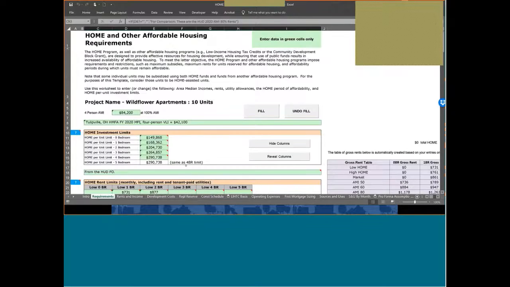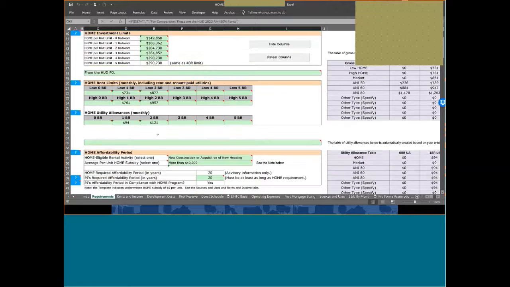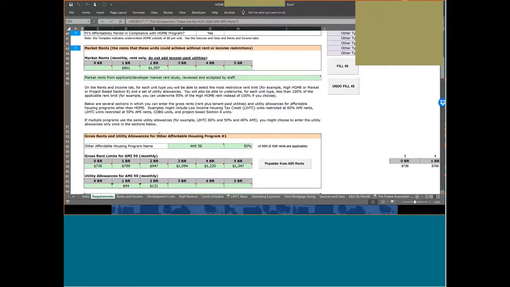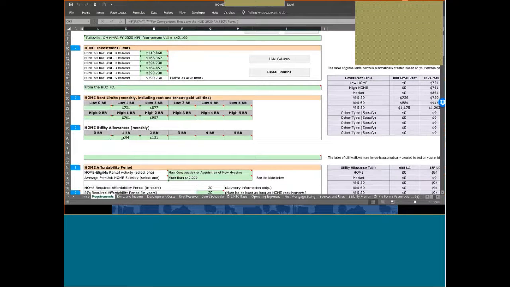On the requirements page, you can input the home rent limits, the home affordability period, and the market rents. The utility allowances are here. In other words, that's on the requirements tab, row 28, is where the home utility allowances are plugged in.